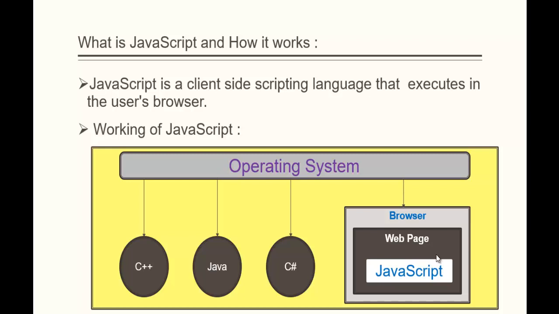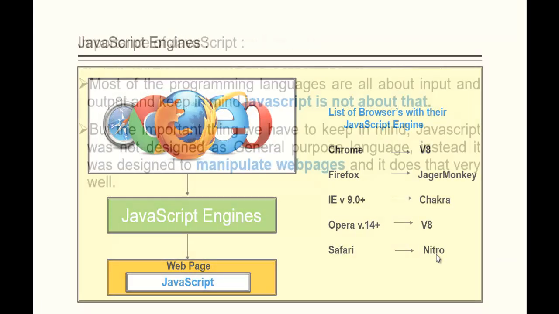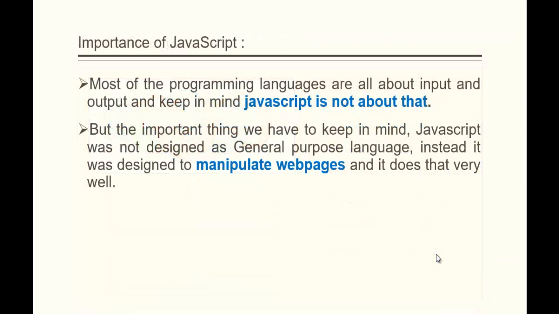That's what the importance of JavaScript is. In the coming sessions, we are going to learn JavaScript very clearly. And in this session, we understood what the core languages of a web application are, what JavaScript is and how it works, and finally we understood the importance of it.